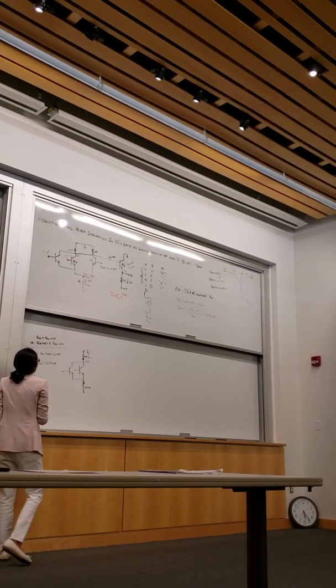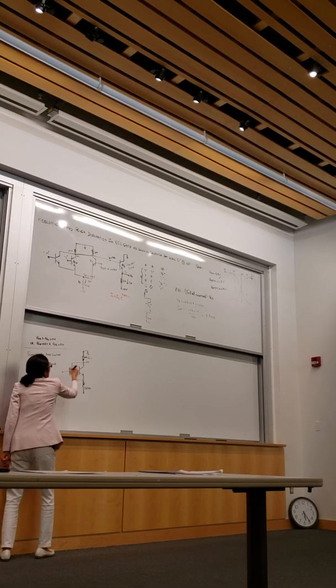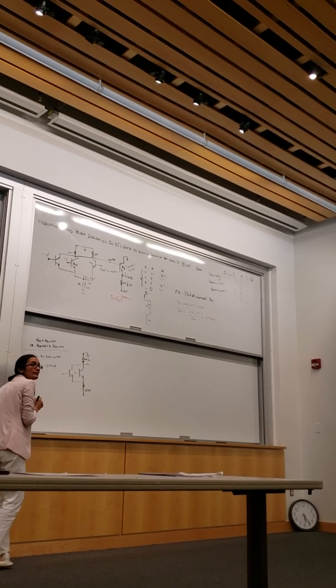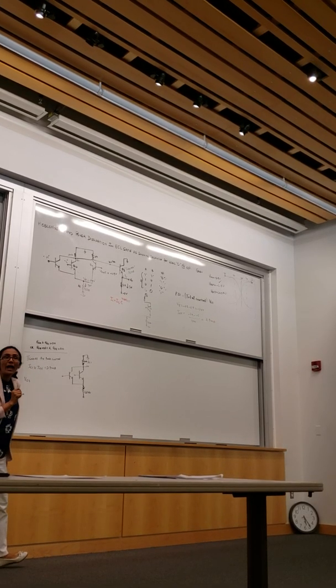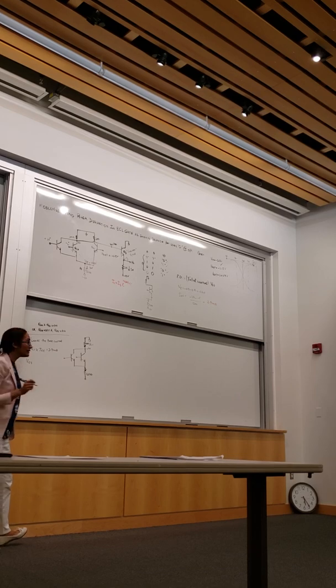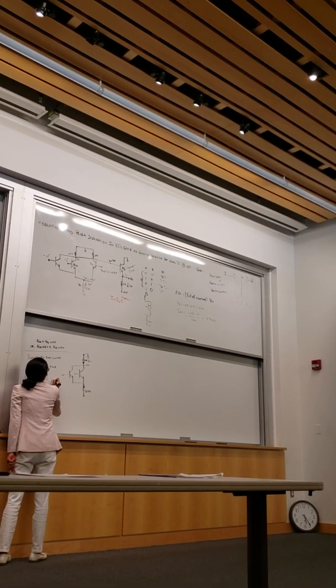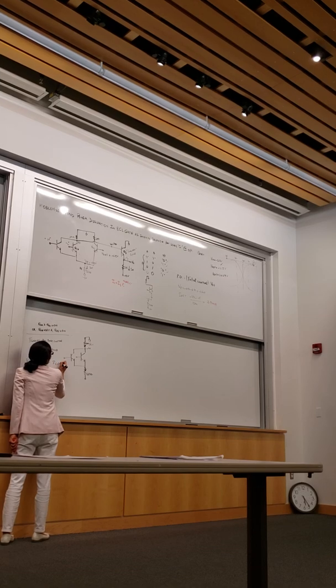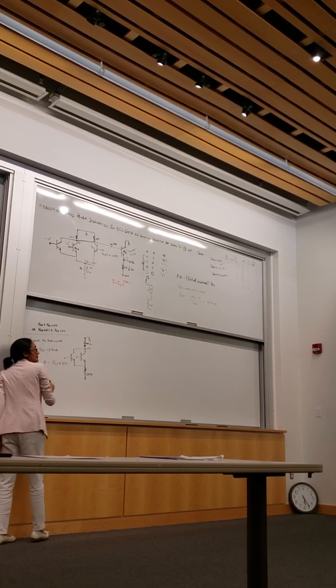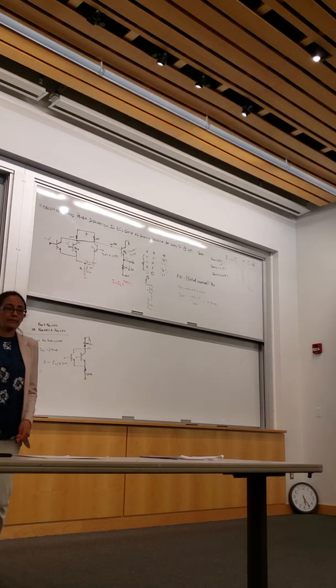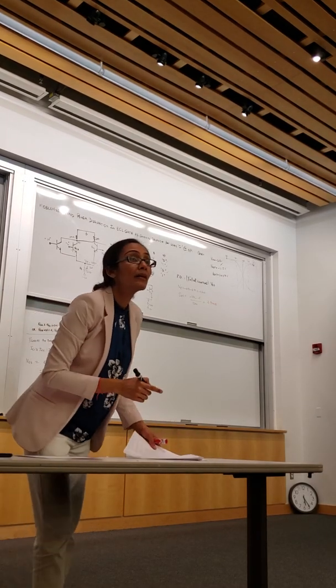Okay. Now if that's the current, we can get VO1. VO1, which we need to get VOL because that is not provided to us. So VO1 would be simply 0 minus IC1 times 300, right? Make sense? Professor, could you write a little bigger, please?